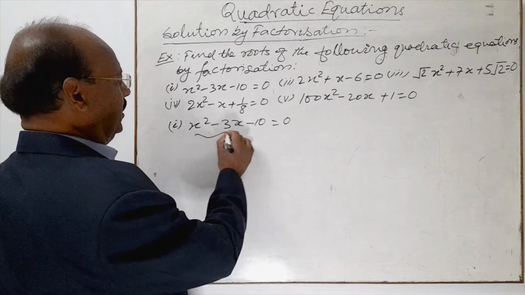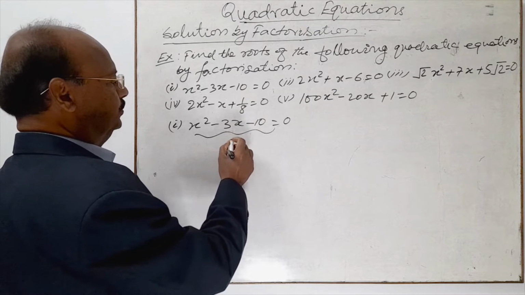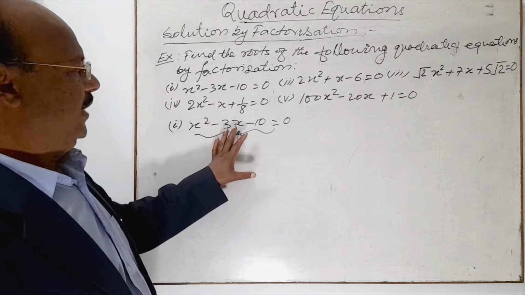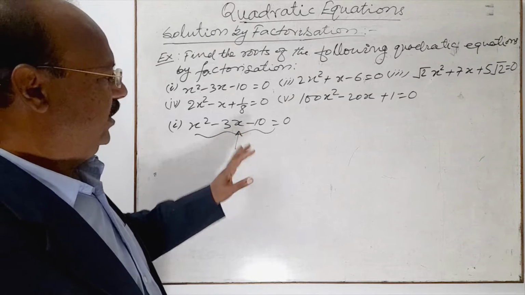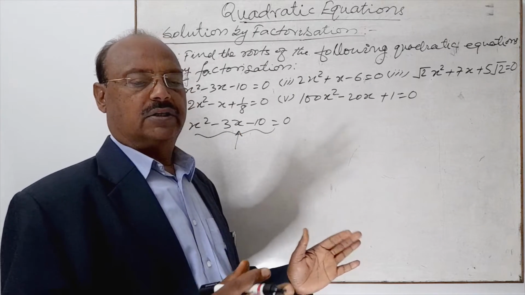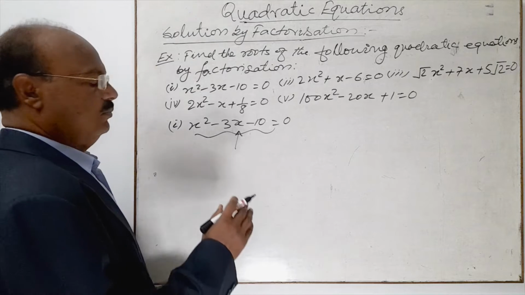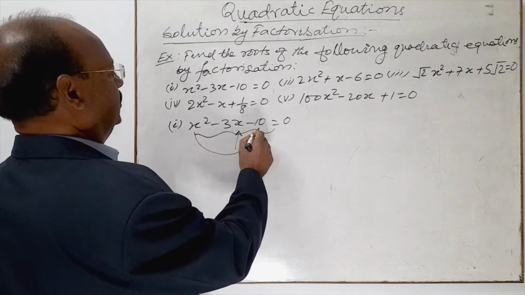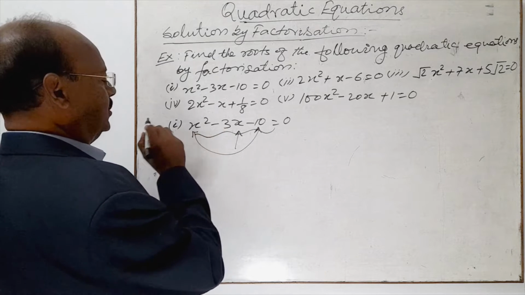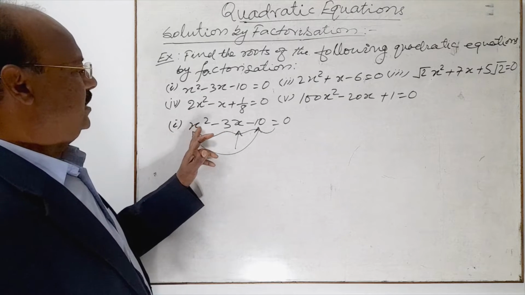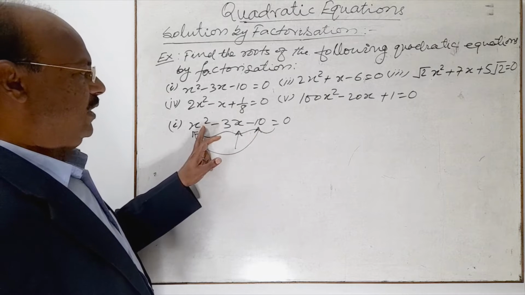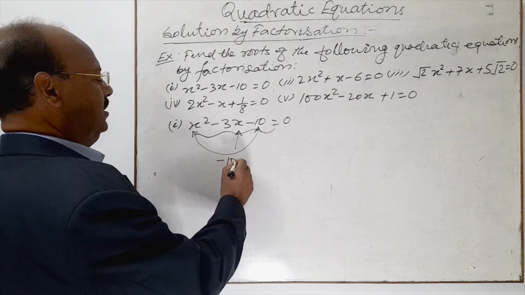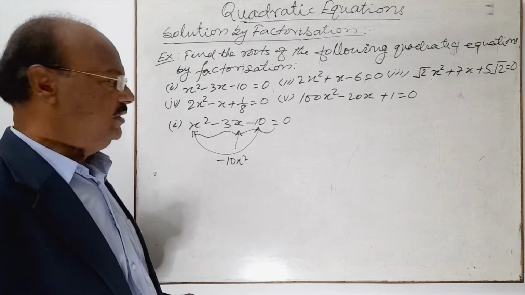Here we will try to split the middle term minus 3x into two different parts, so that the product of these two parts will be equal to the product of the first and last term. Multiplying x square and minus 10 gives minus 10x square, correct?